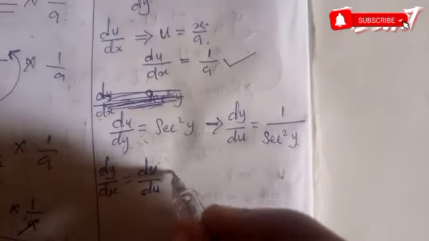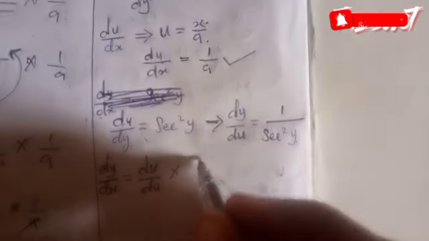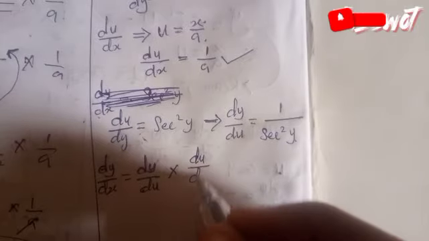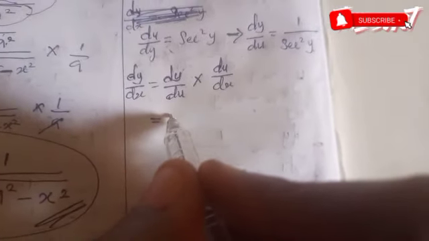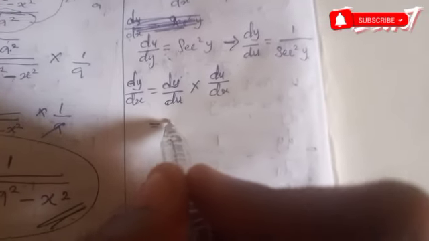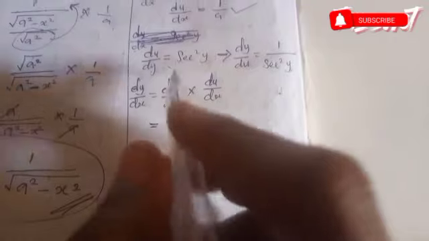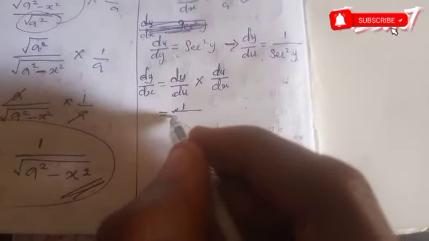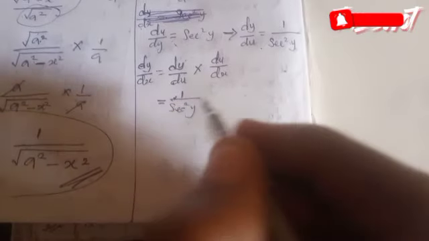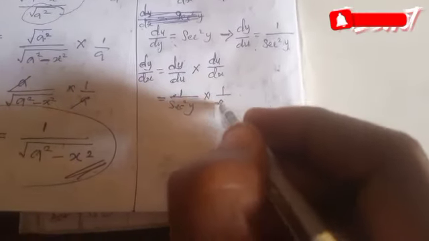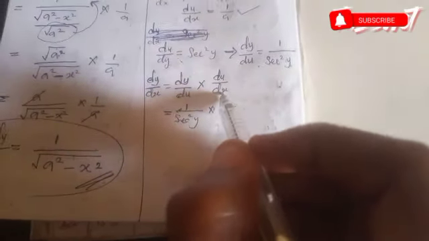You have to reciprocate it, times du dx. So now from here we can go forward. dy du is what? dy du is 1 over sec square y times 1 over a. So du dx is 1 over a from here.